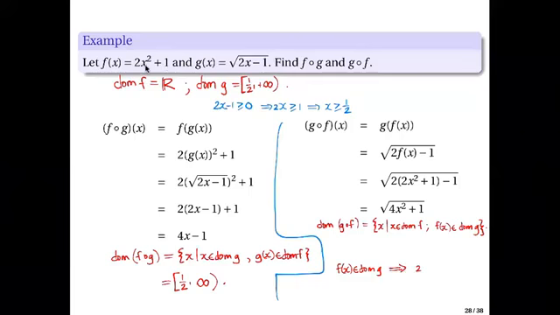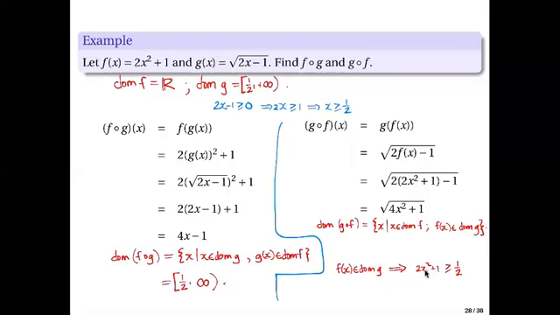It's 2x squared plus 1. Okay, that's your f of x. You need this to be greater than or equal to 1/2. Okay, but notice, this is always true, whatever your x is.